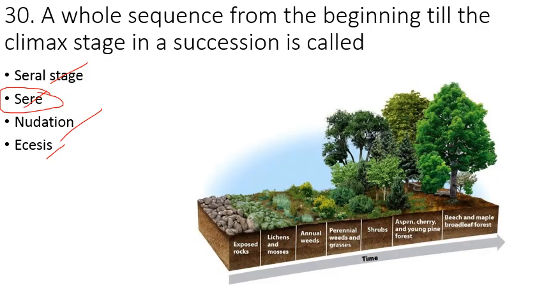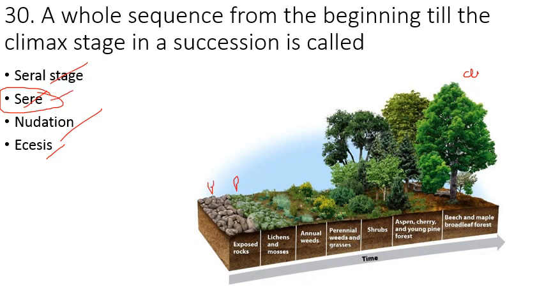The next question, a whole sequence from the beginning till the climax stage in succession is called, options are serial stage, serie, nudation, or ecasis. So its right answer is serie. So this is basically the replacement of one community by another community till the climax community is reached. So this process is known as serie, and the stages which occur from the pioneer community.